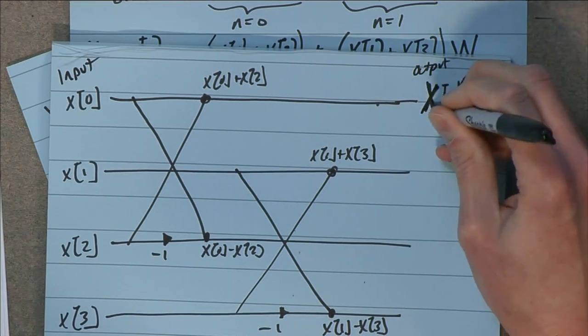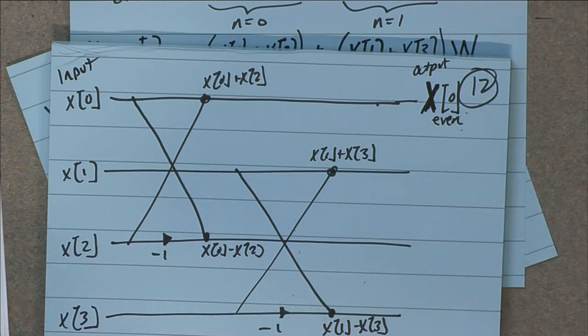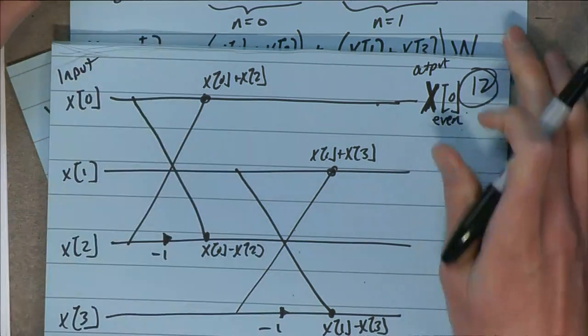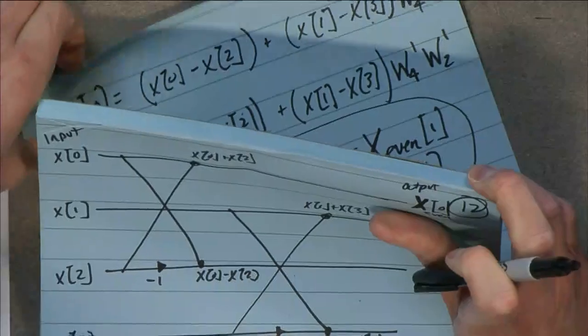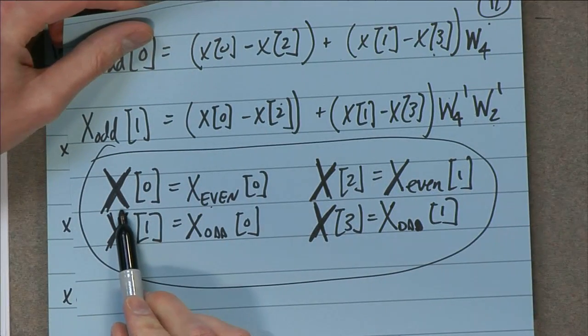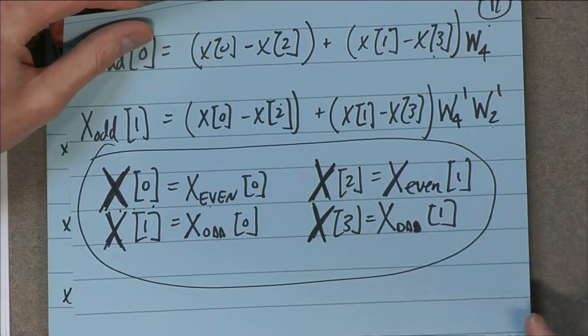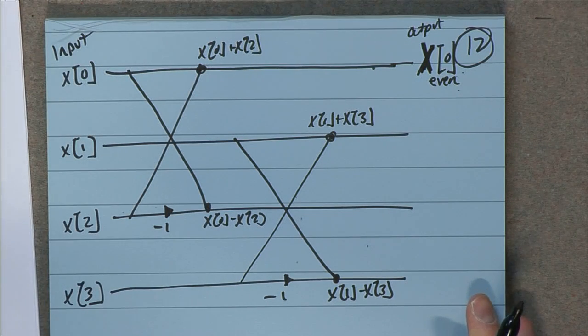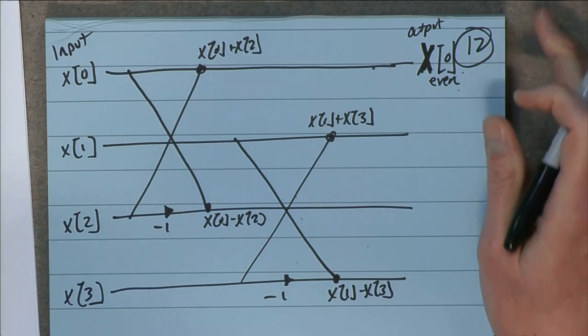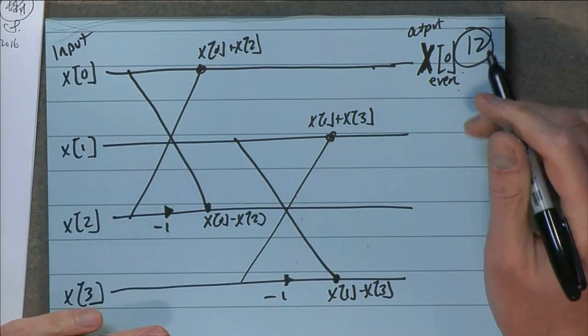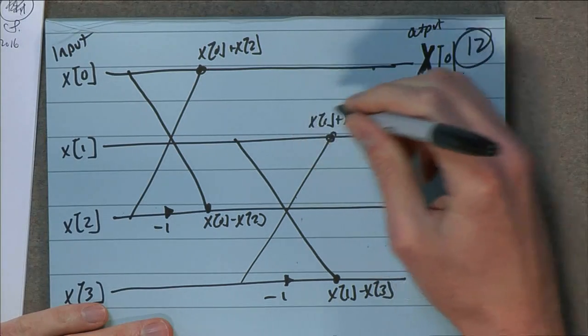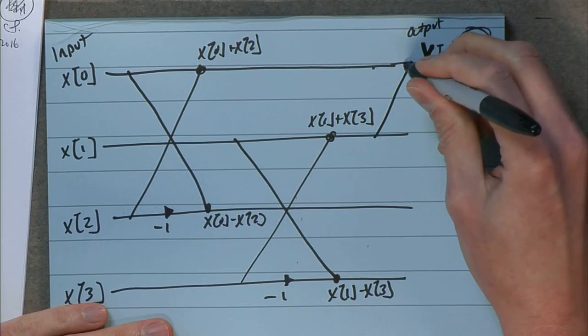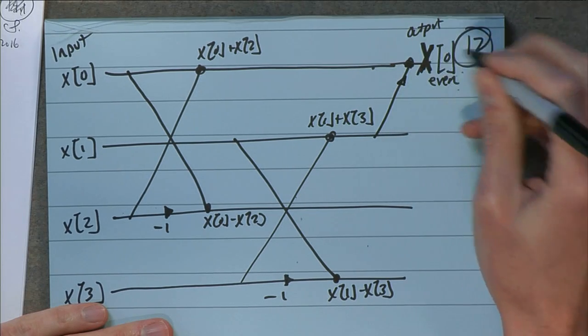And I'll use the bold font here to try to show that x0 even is not only this output, but it's also the output we care about. It's the 0th bin. It's the DC bin. It's the bin we want. And as we showed, it is the sum of everything. So if we want that, we're going to have to sum that up to get x even.